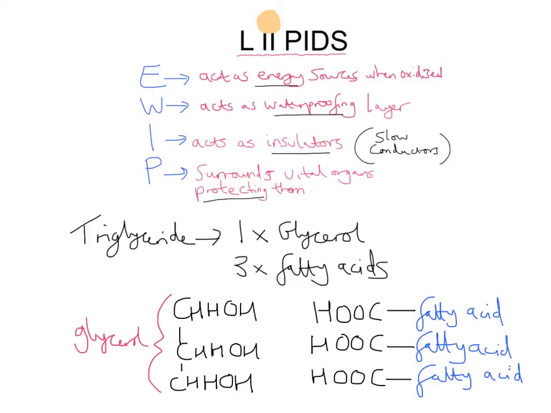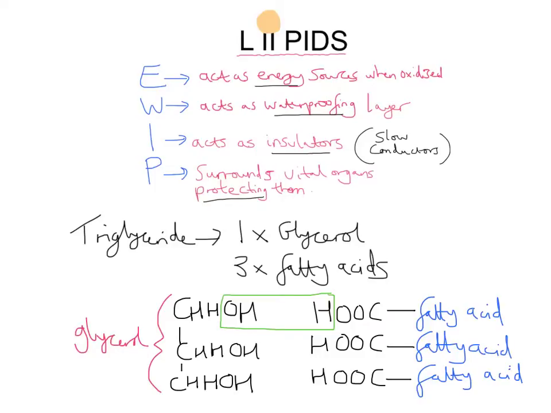Now, you might be able to spot that, and I'll do this in green, if I highlight that part there, you might be able to see that that would give us two H's and an O. We have an OH on the glycerol molecule and an H on the fatty acid. So we can actually form a triglyceride by what's called a condensation reaction.